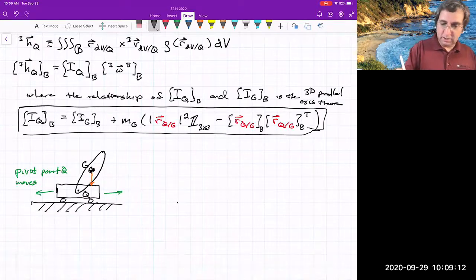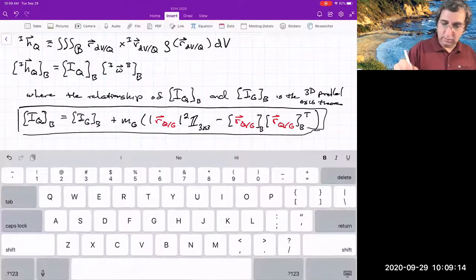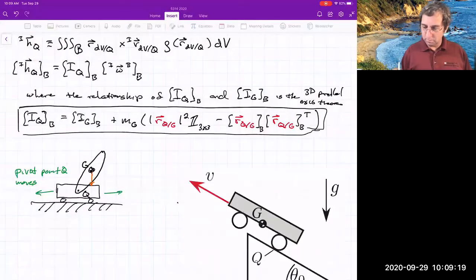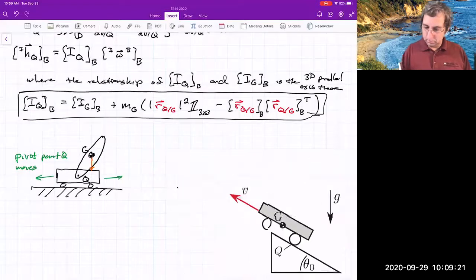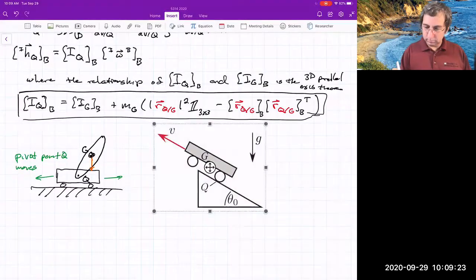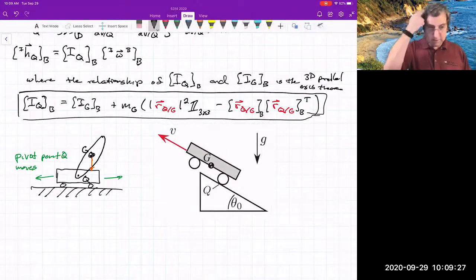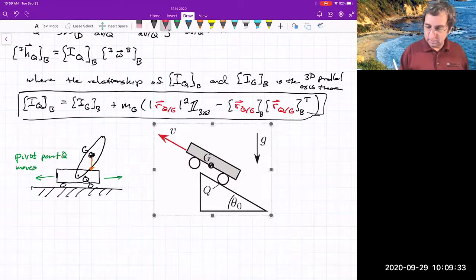Another case is this jumping off of the car. So here's the car. And you'll want to use this reference point down here, this contact point, and figure out what is this vector.